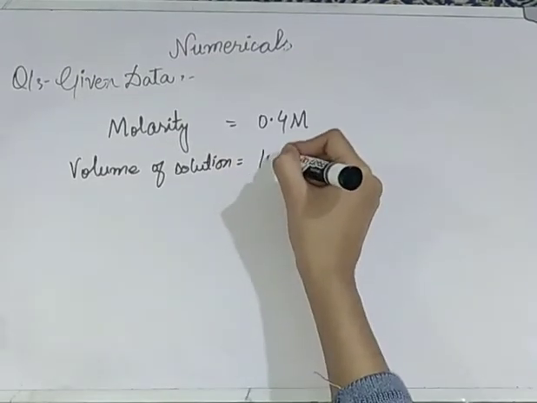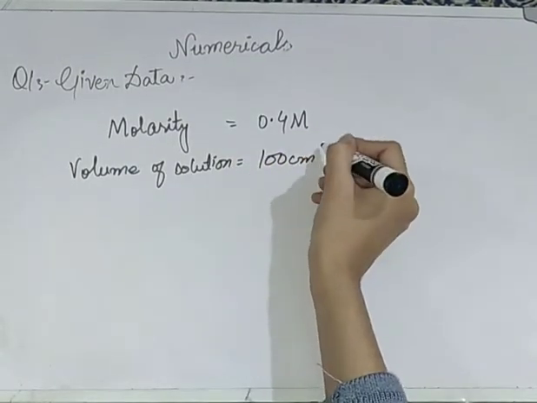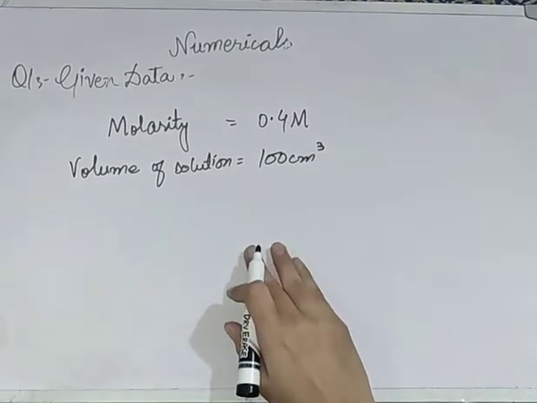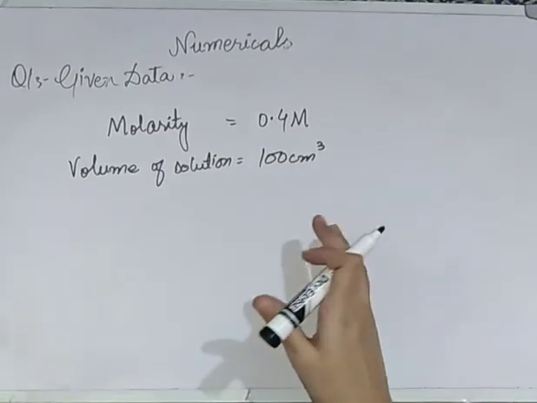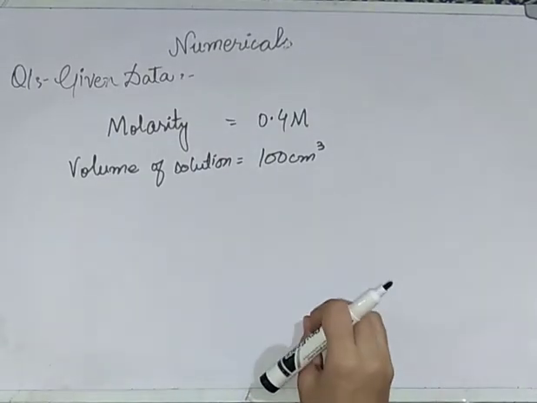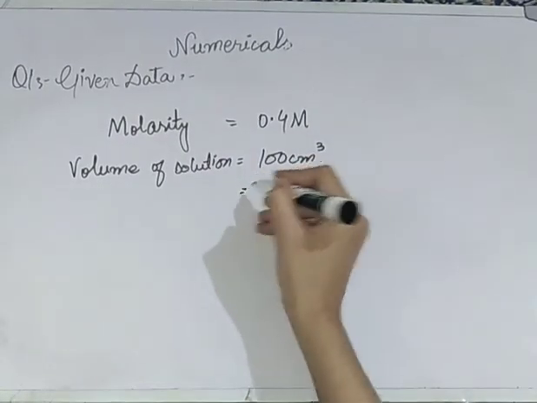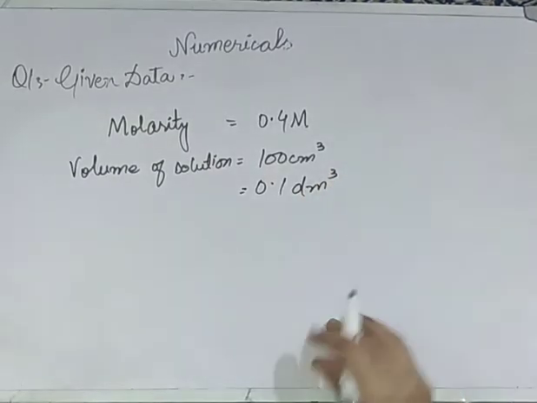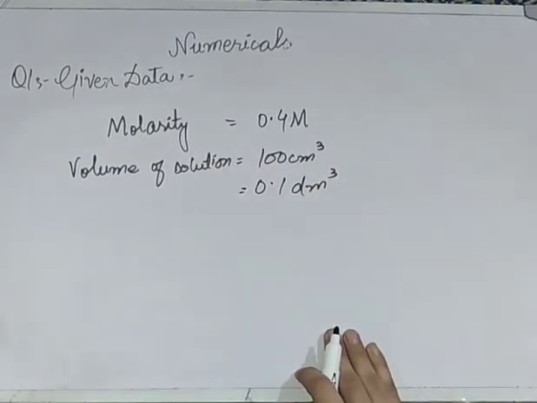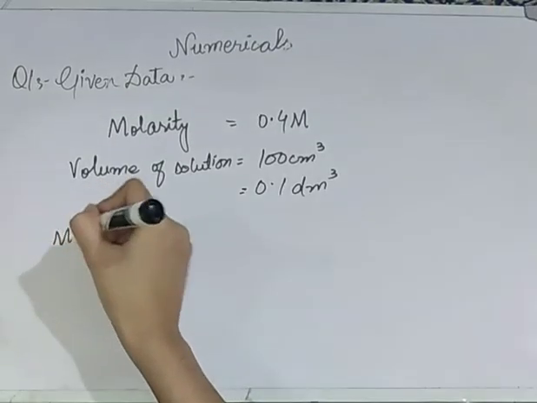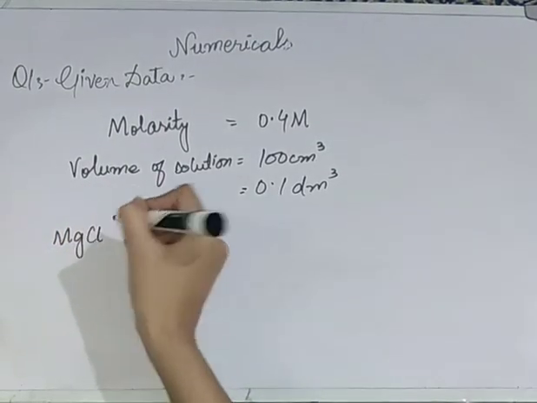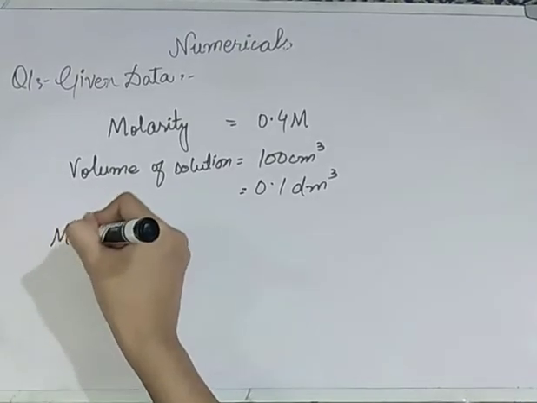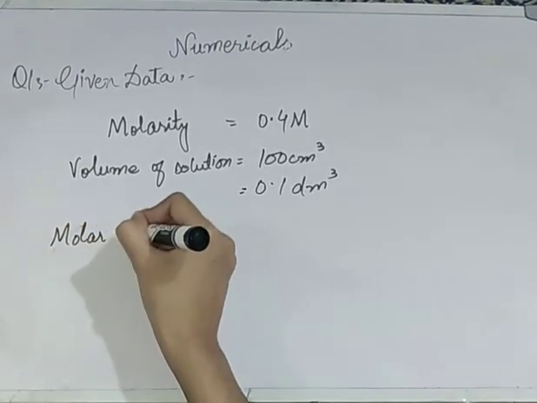It is 100 centimeter cube. As I said before, when we apply the molarity formula, the volume of solution will always be in decimeter cube: 0.1 decimeter cube. Now the molar mass of magnesium chloride, because magnesium chloride is a solute.